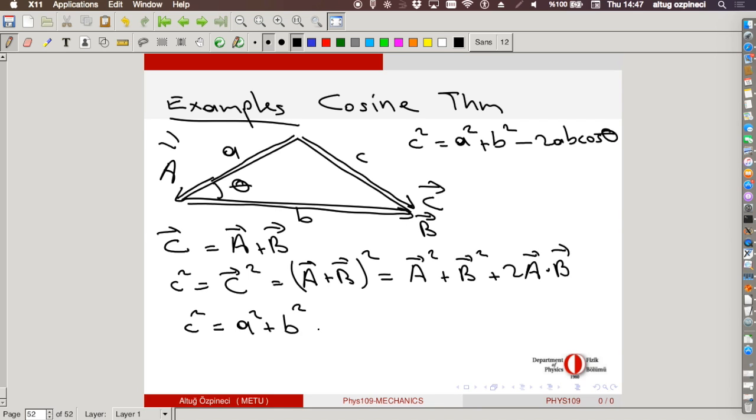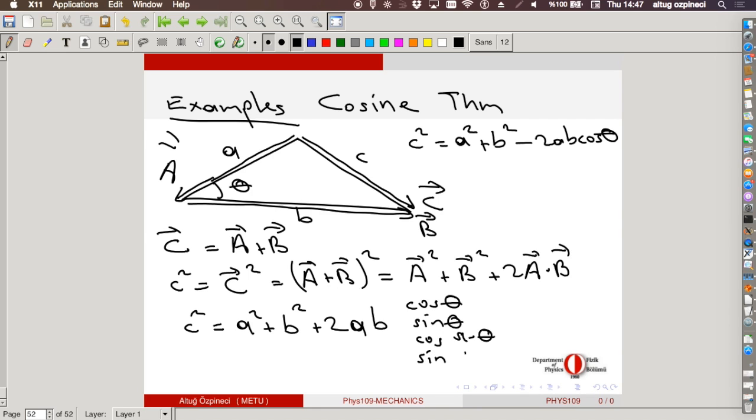Okay, so what is A dot B? It is small a times small b, the magnitudes, and then the cosine of the angle: cosine theta, sine theta, cosine pi minus theta.